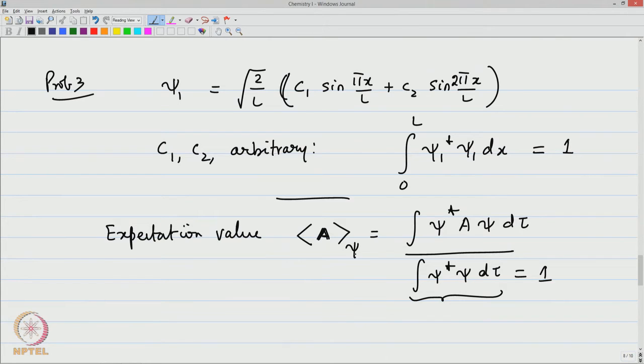This is in the state psi. We are asked to calculate the expectation value for the energy and momentum for the state.